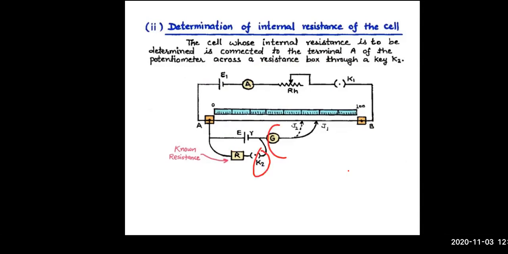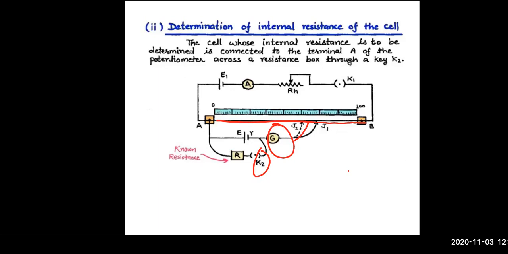Further, we have connected a galvanometer, and at the other end of the galvanometer we have connected a jockey, that is a sliding key. And this AB is our wire of uniform cross-sectional area of the potentiometer. So AB is your wire, right children?